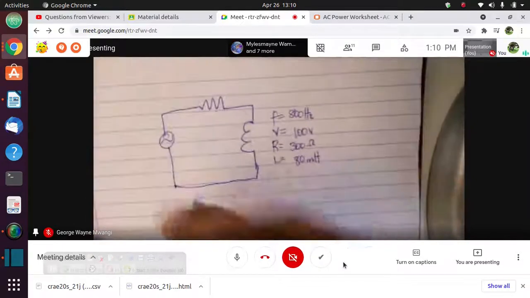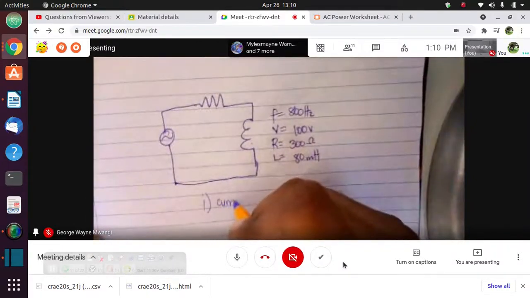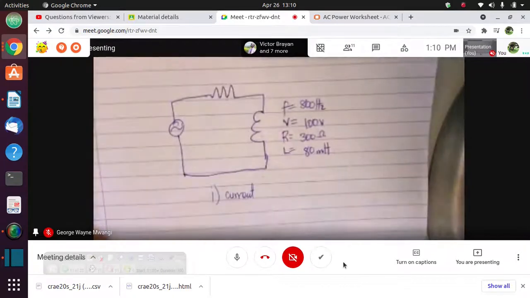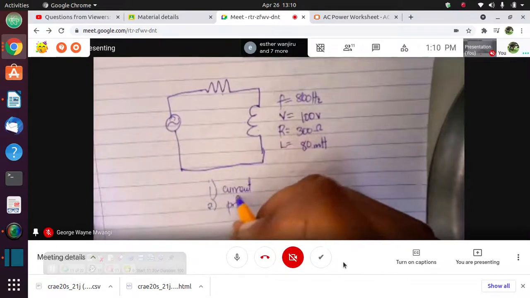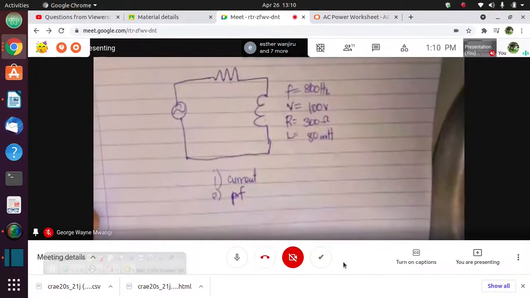You are told, number 1, find the current flowing in that circuit, and number 2, find the power factor.